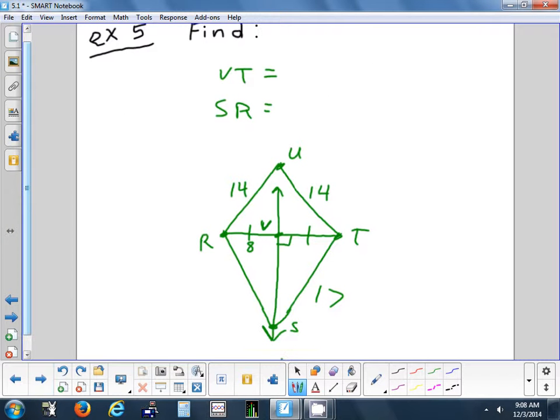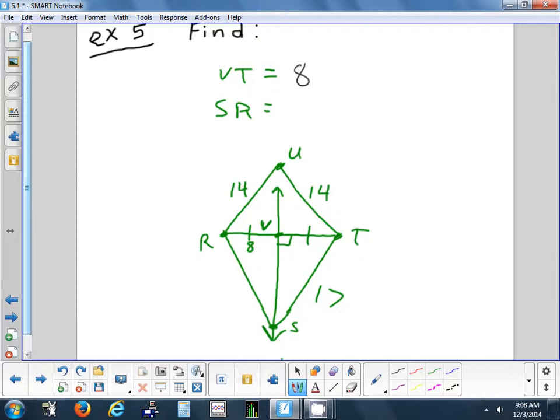Okay. And last one is more of a calculation. I want to find the length of VT and the length of SR. Okay, what's the length of VT here? Denver? 8. Yep. Why is it 8? It's half of RT.